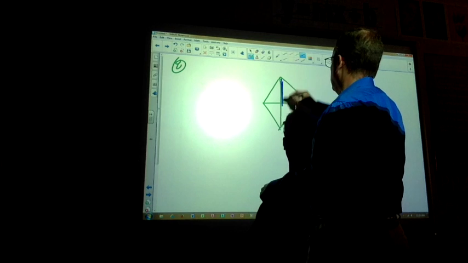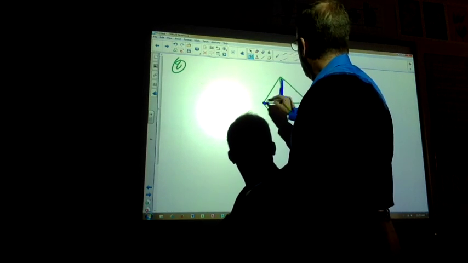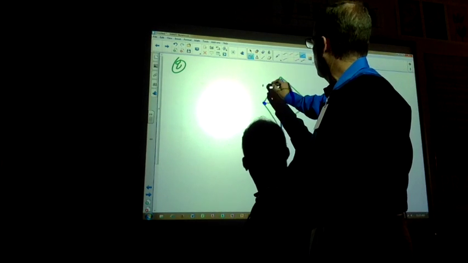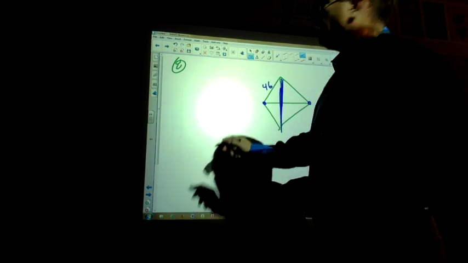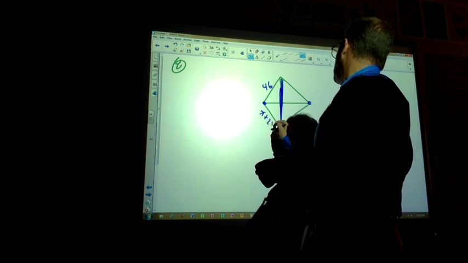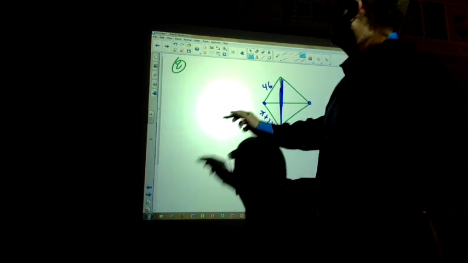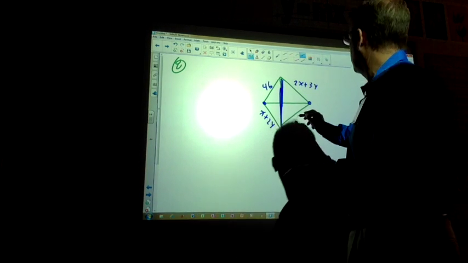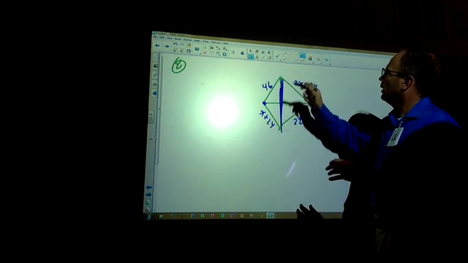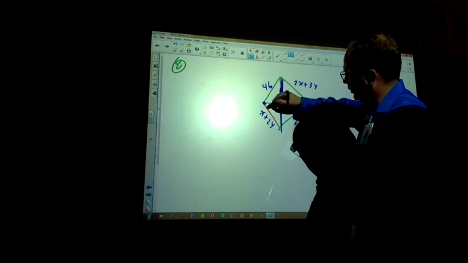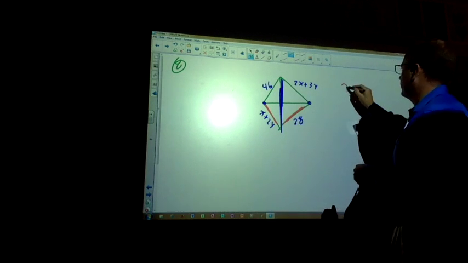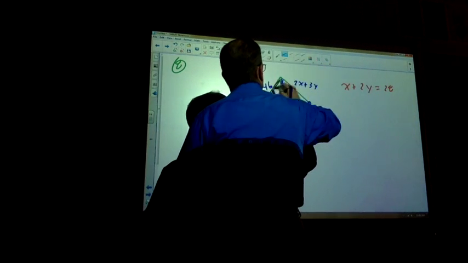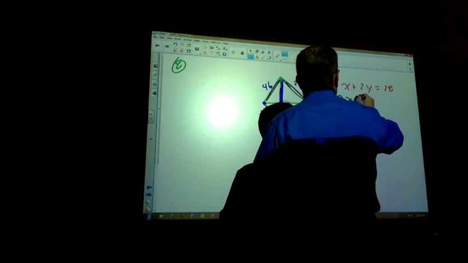So that means this and this distance has to be equal, even though my drawing stinks. So if this is 46, and this is x plus 2y, and this is 2x plus 3y, and 28. If that's the perpendicular bisector, this distance has to equal this distance, and then this distance here has to equal this distance.